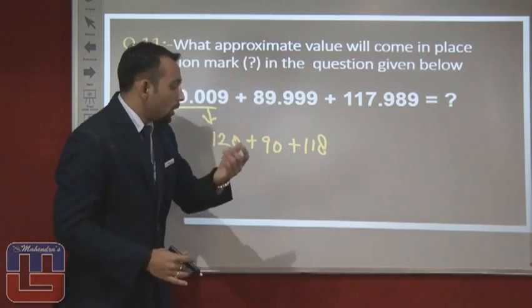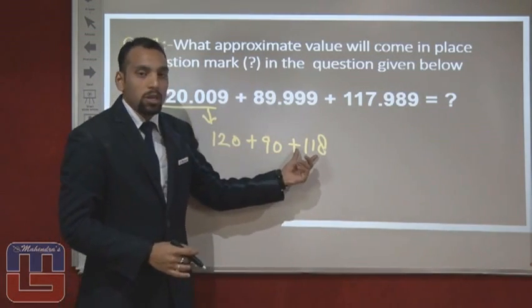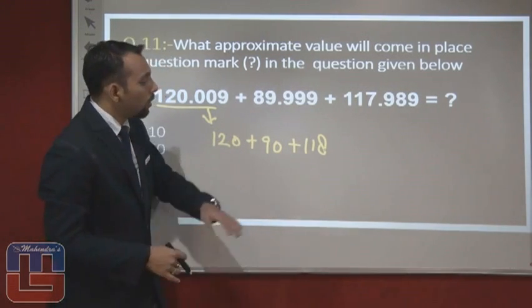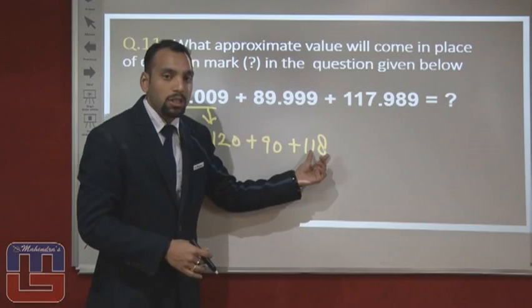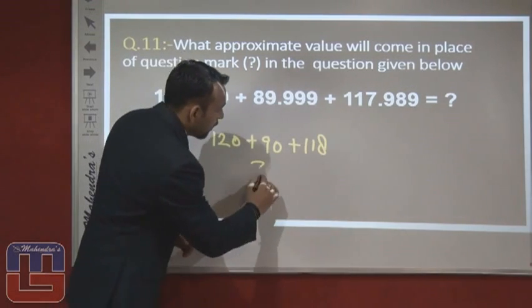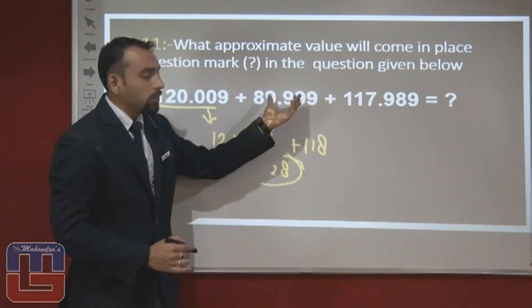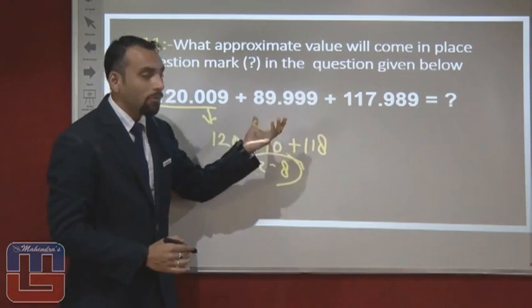Alright, now see, 120 plus 90 plus 118. The sum of this will be 210, 210 plus 100 is 310, plus 18 will be equal to 328. Now this is the approximate value of the summation of this given expression.